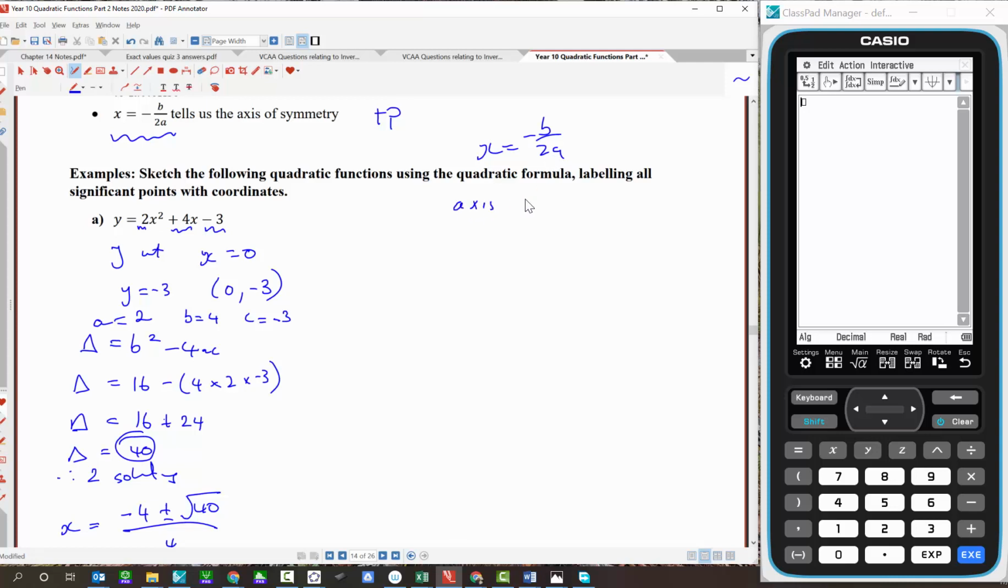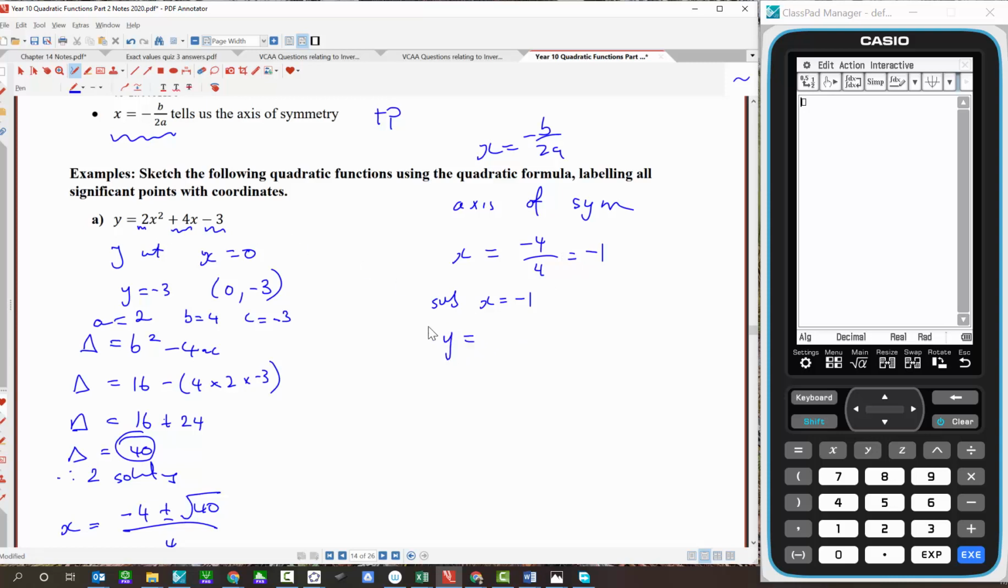This part here is the axis of symmetry. It's x equals negative b, which is negative 4, all over 2 times a. So that's negative 4 over 4, which is equal to negative 1. Now we're going to sub x equals negative 1 into this, and it's going to tell us a y value.